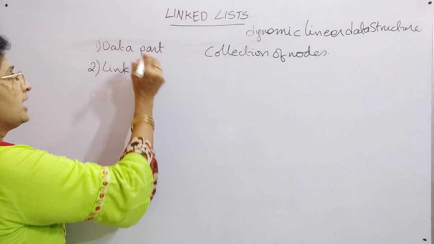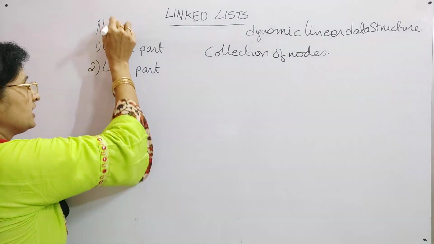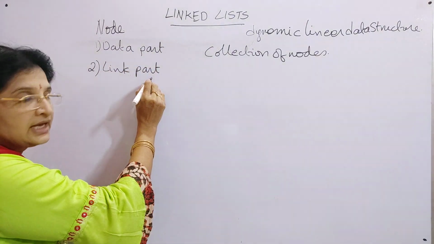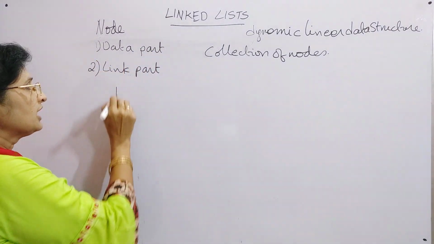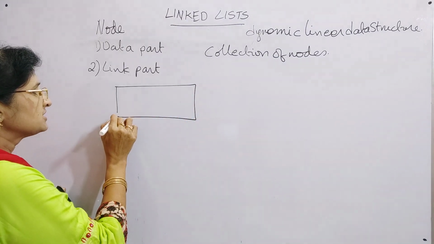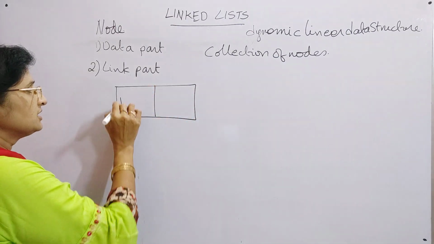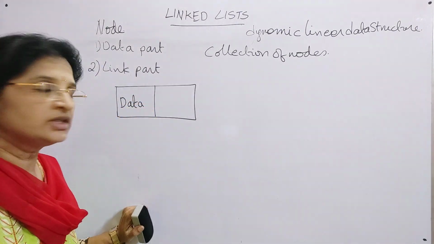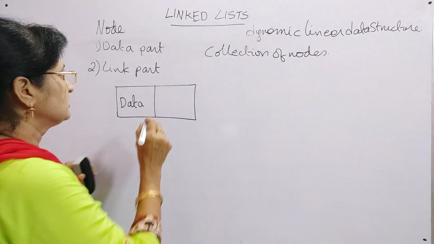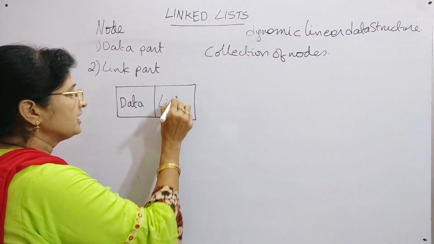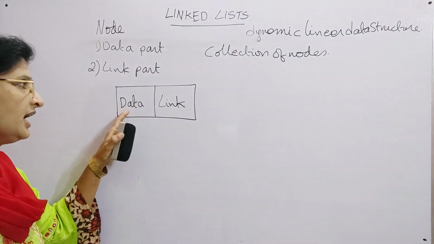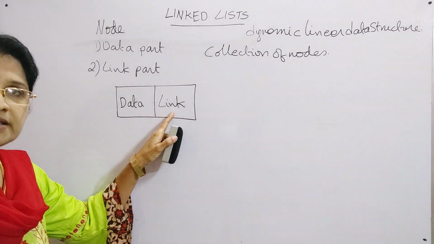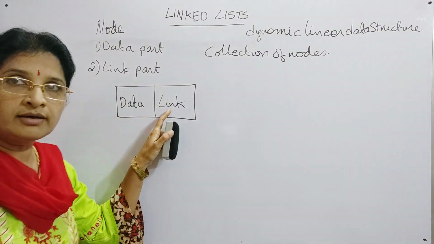In each node here we have two parts. One is called the data part and the other is called the link part. A node is represented like this. This part is called the data part, where whatever data we want can be stored. This is the link part, which is a pointer to the address of the next node.